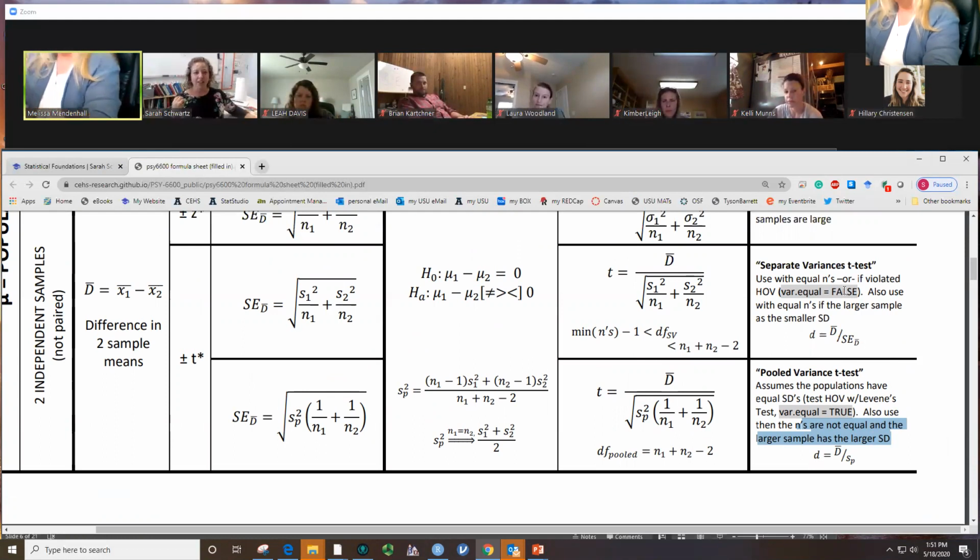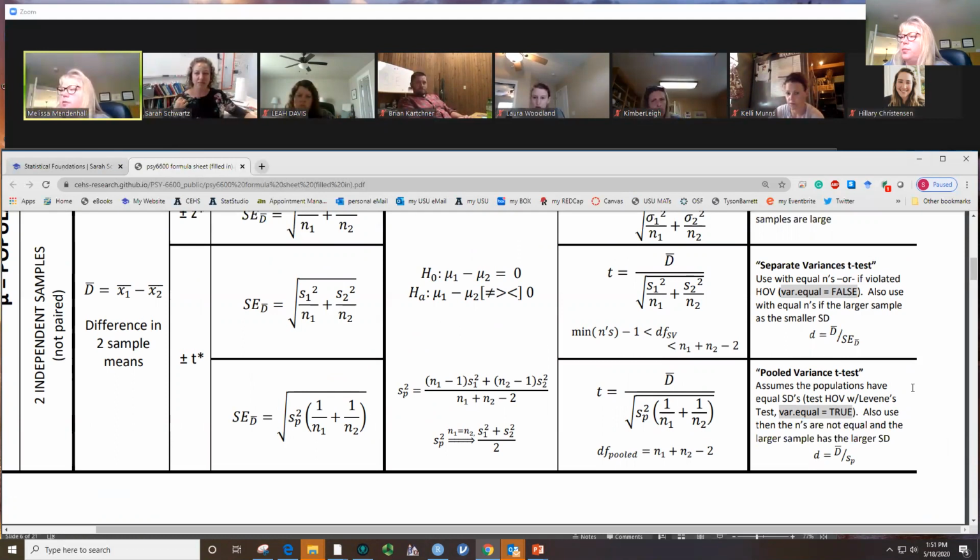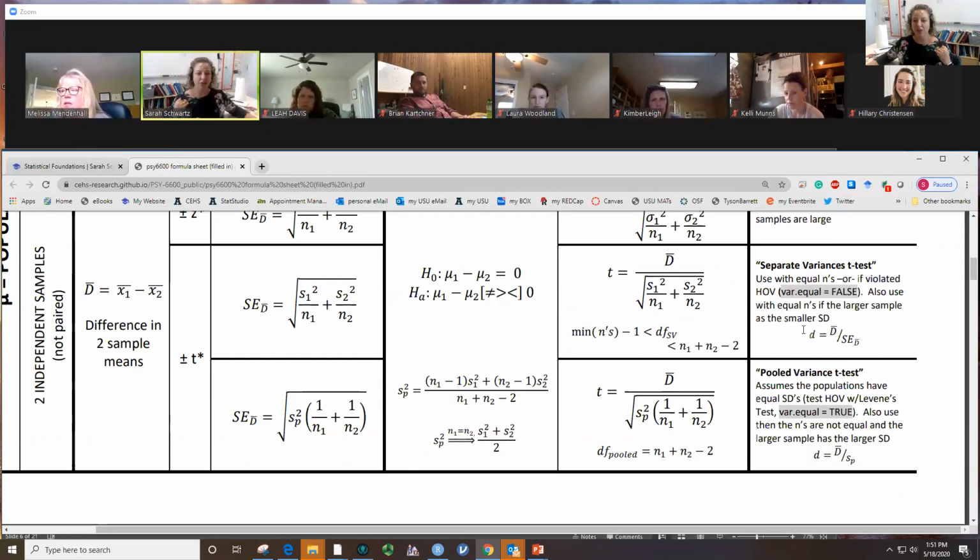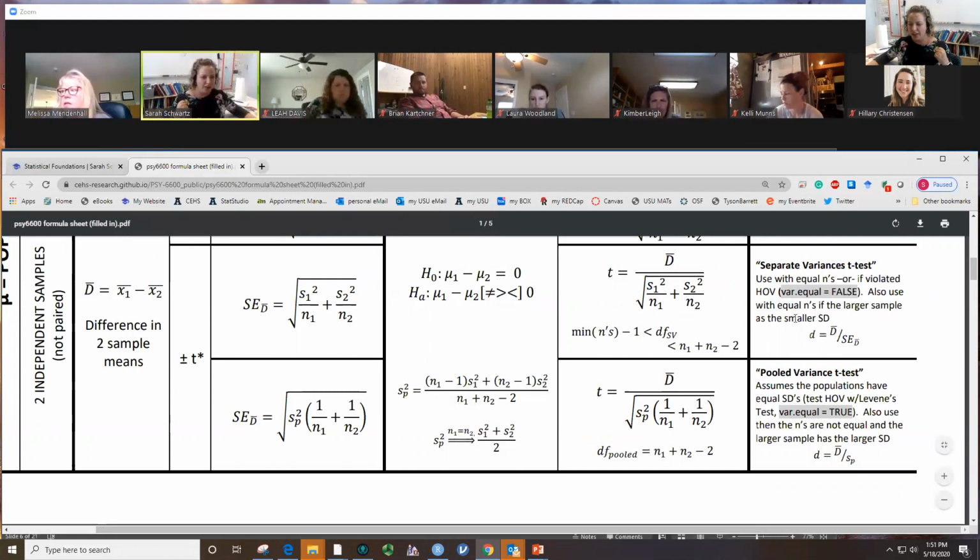Hey, Sarah? Yeah. In the text, it seems like it said you could use the pool if the sample sizes were equal. Maybe I just misread it. Yes, sample sizes are equal. I think this one's supposed to be unequal right here. Yeah, but for the pooled, you have to have homogeneity of variance.